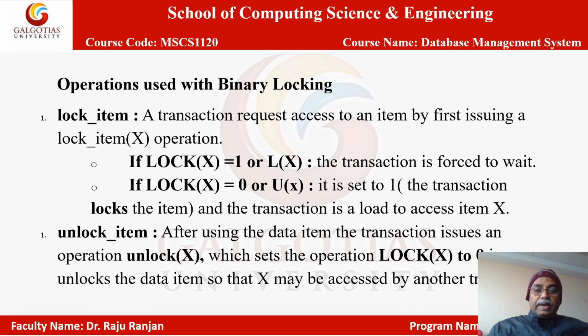If any other transaction tries to access this X, it will look at this status. If lock X is equal to 1, it has to wait for it to become 0. And if lock X is equal to 0, meaning the data item is unlocked, then that transaction will lock that item, changing 0 to 1, and then the transaction is allowed to access item X.